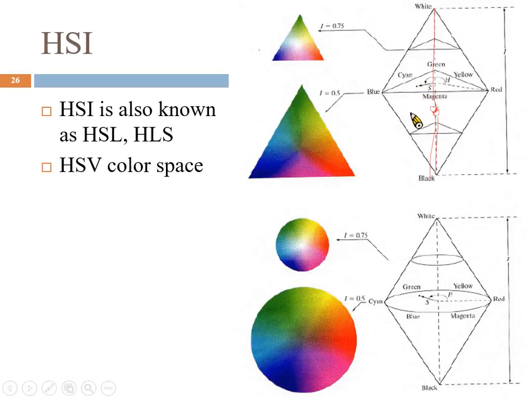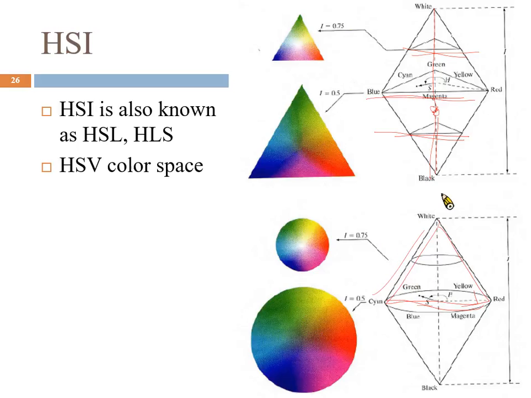And we can see that from this cube, we can slice a plane. Depending on the position of this plane, we define the intensity. So we can approximate the cube as a cone, like this.